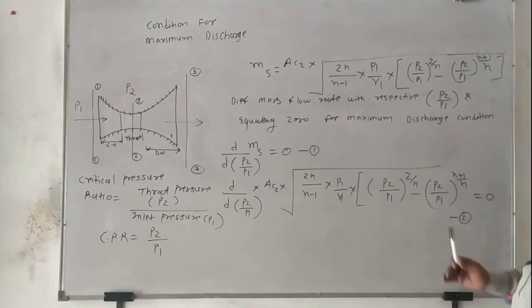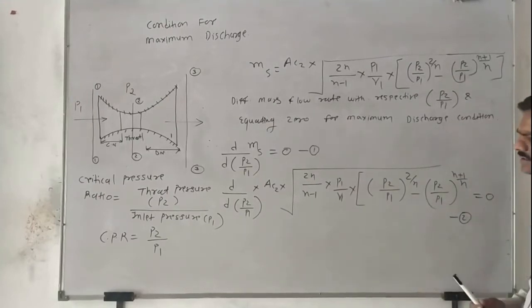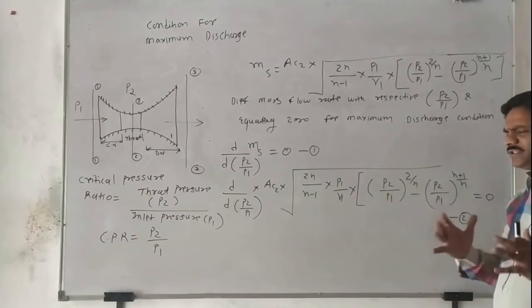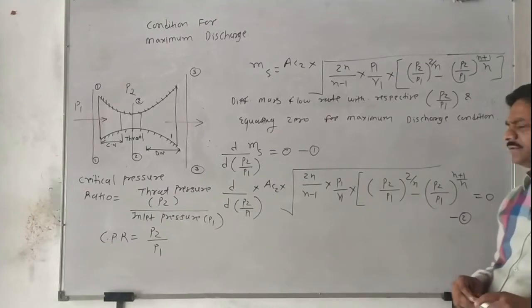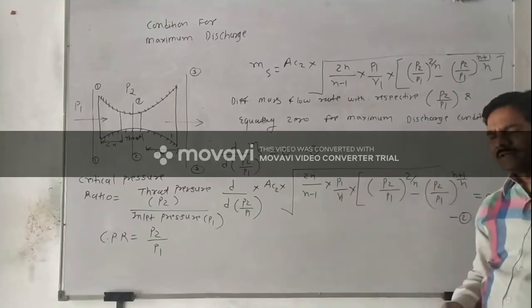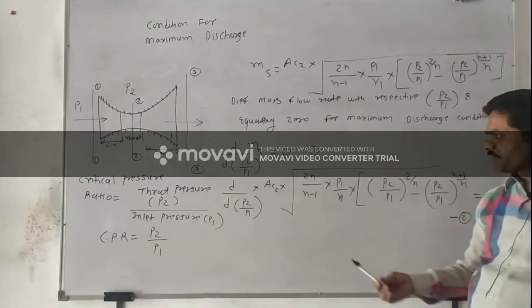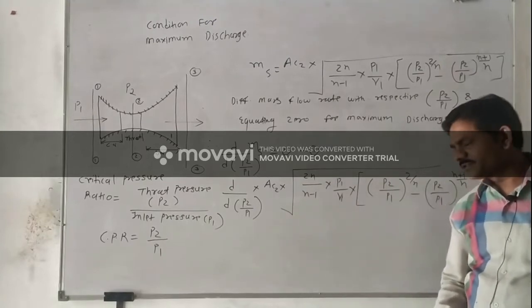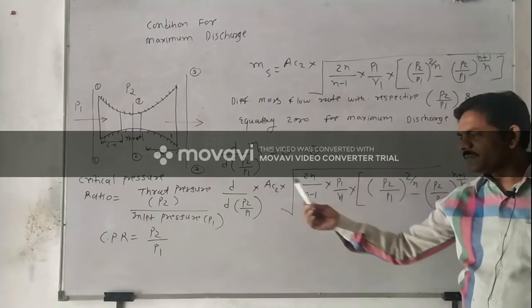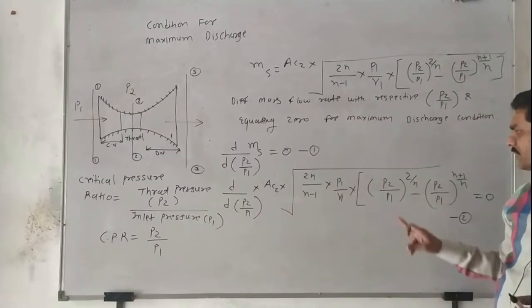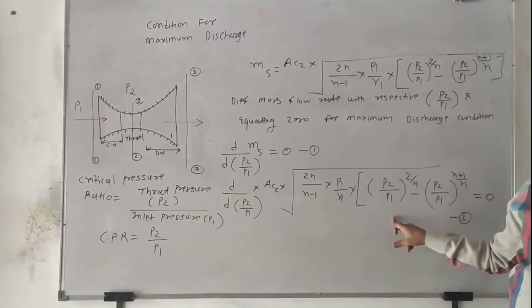In equation 2, tell me students, which terms are constant? Yes, correct. n is constant, and the cross-sectional area is constant, correct? All the remaining terms are constant except the pressure ratio P2 by P1.